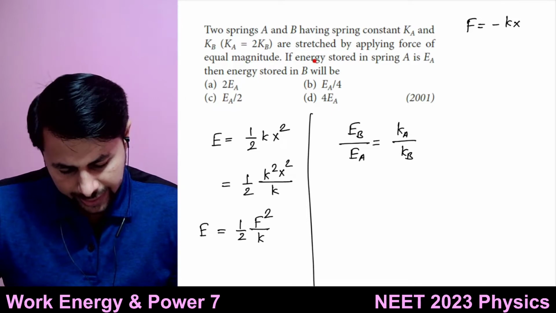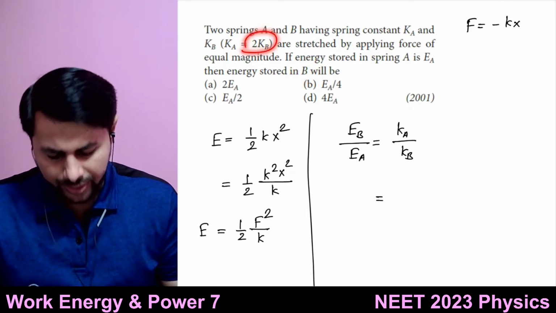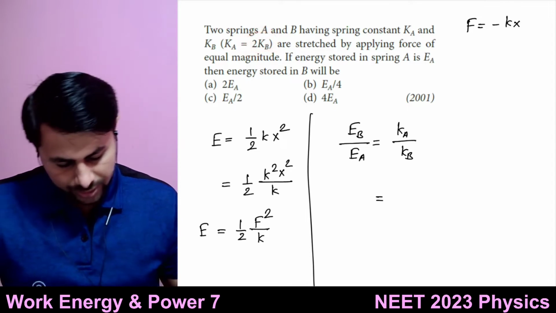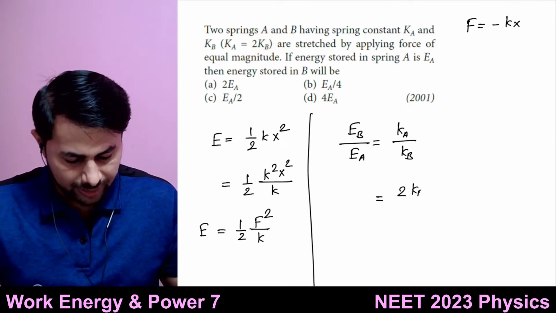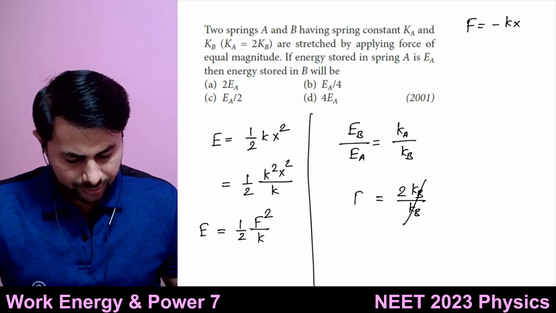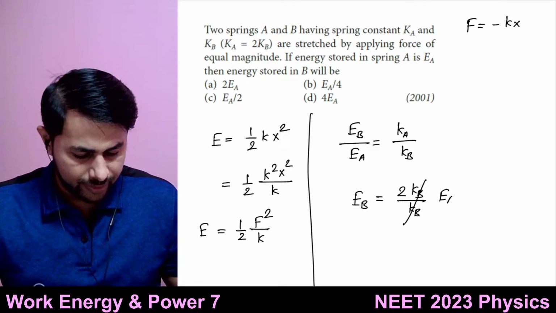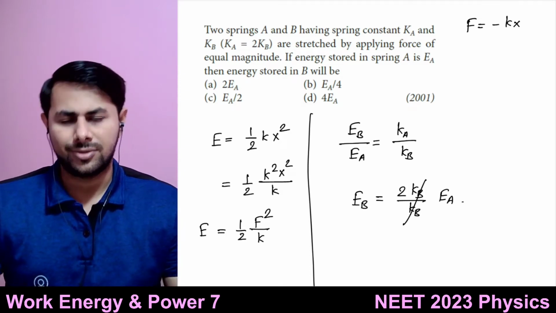And you want energy of B. Okay. And Ka is equal to what? 2 times Kb. So 2 times Kb upon Kb. Kb cancelled. So EB is equal to, taking EA on the other side, 2 times EA.